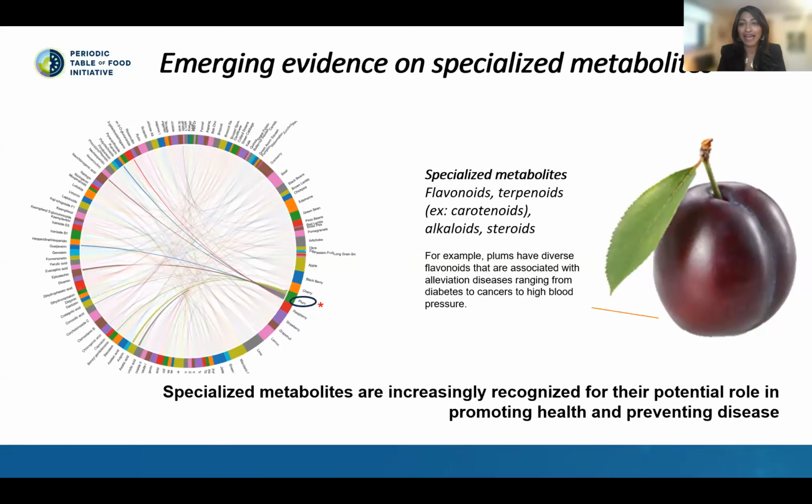We spoke about epicatechin in plum, but in addition to epicatechin, we also see there's a diverse range of other flavonoids and other components in plum that give it its attributes for human health, very much highlighting the importance of consuming whole foods and thinking about diverse diets.